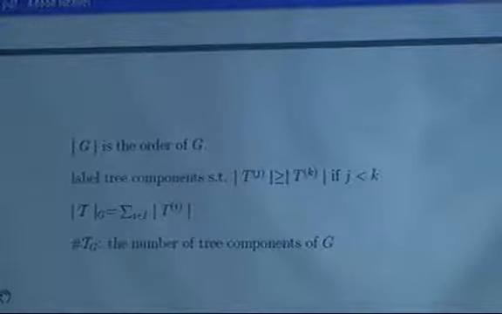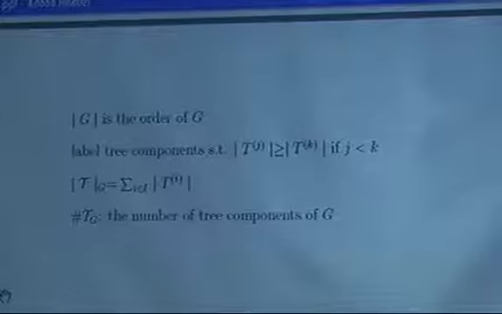Let me introduce some notations. G bar denotes the number of vertices of G, which is the order of G. And you label tree components of G in that way, so T1, T2, in that way, and their orders are decreasing.